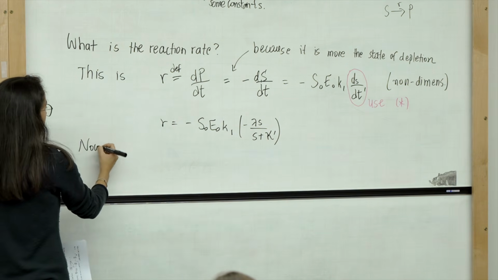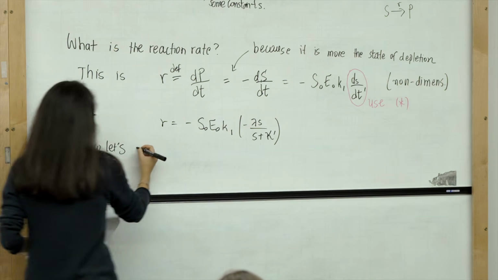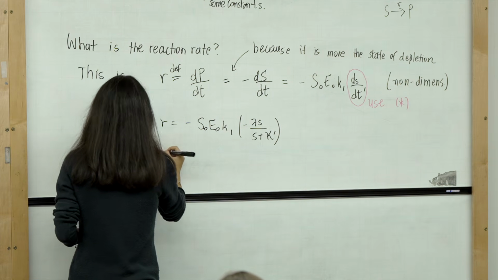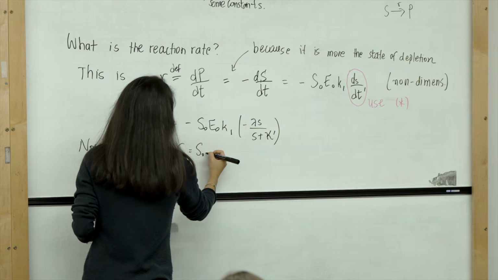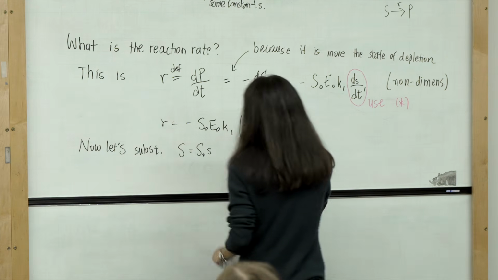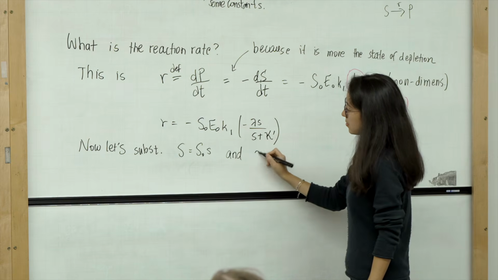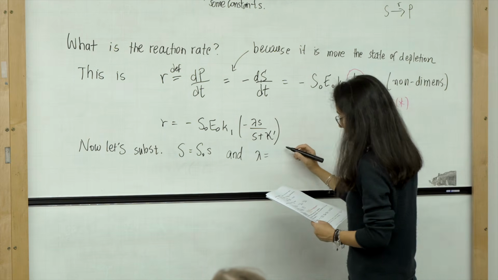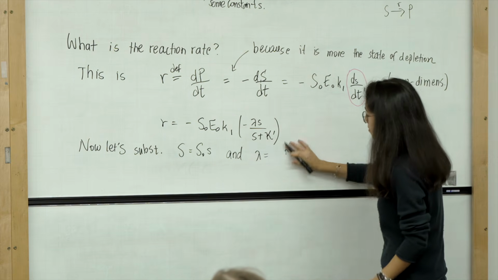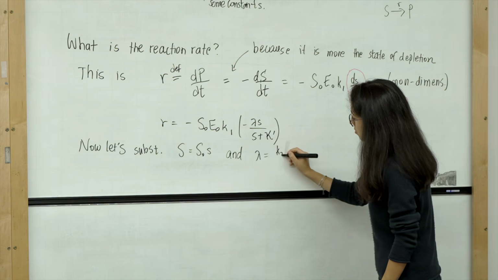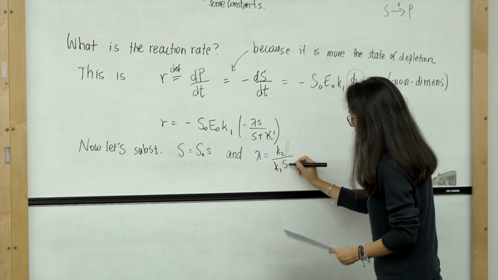Now let's substitute back S is equal to S0 s, which is this non-dimensionalization. And I will also give you again the definition of lambda, which probably you don't remember because it was this complicated ratio. It is K2 divided by K1 S0.